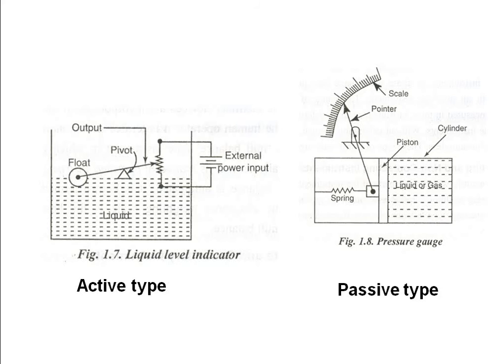For the active type, we have the liquid level indicator, and for the passive type, it is the pressure gauge. In the liquid level indicator, to find out the level of the liquid, we have a float which is connected to an external power input. Based on the level of the liquid, the float, which is fitted to this pivot arrangement, will vary.